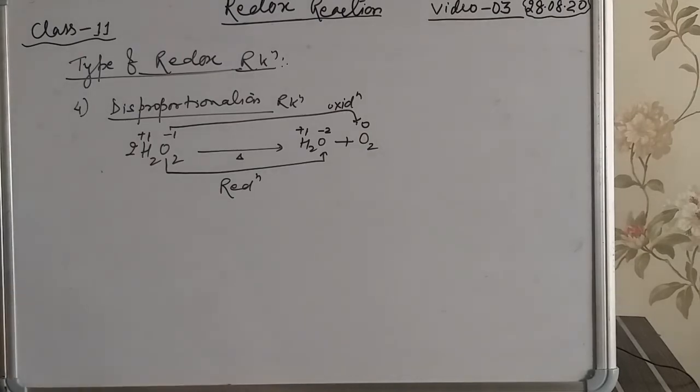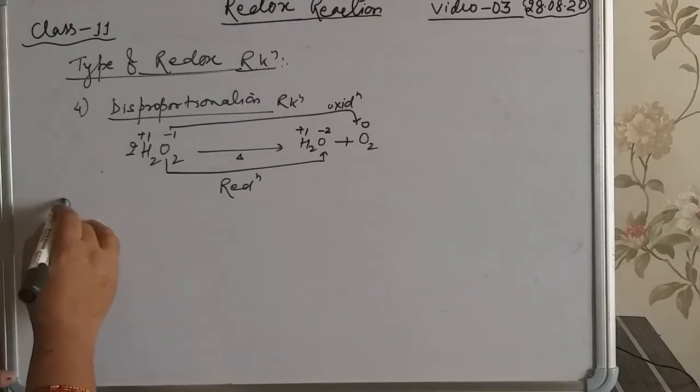In H2O oxygen is in the -2 oxidation state, but in O2 it is in the 0 oxidation state. So let's solve one example.